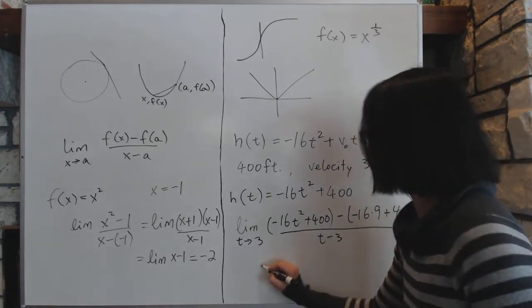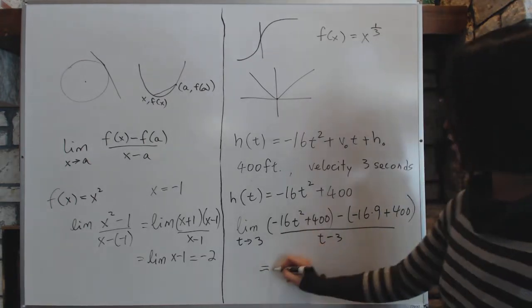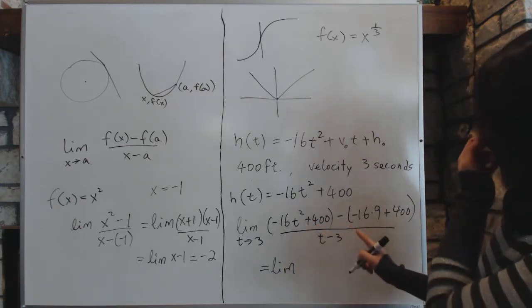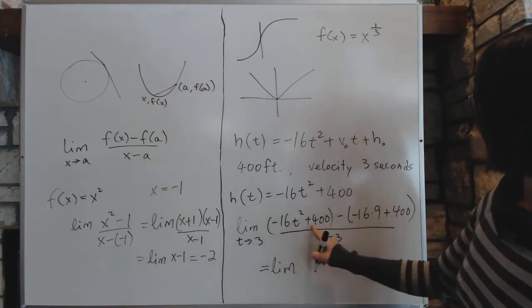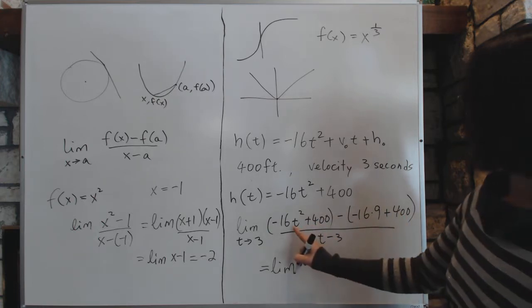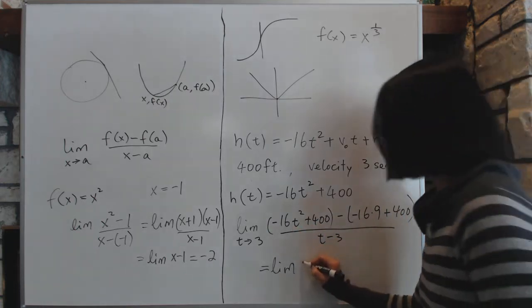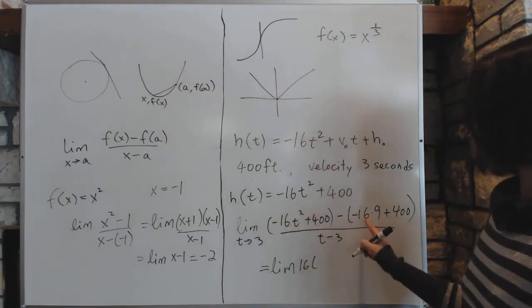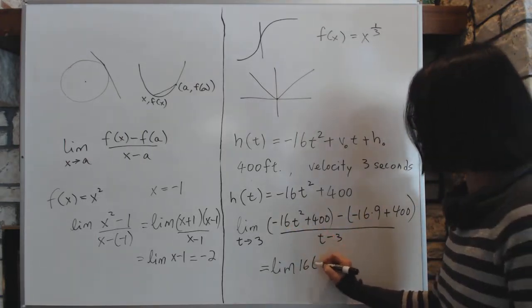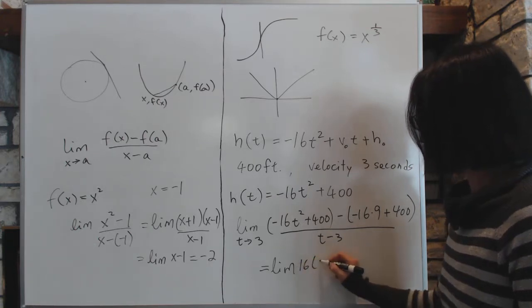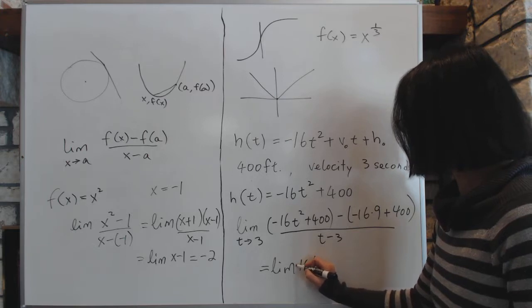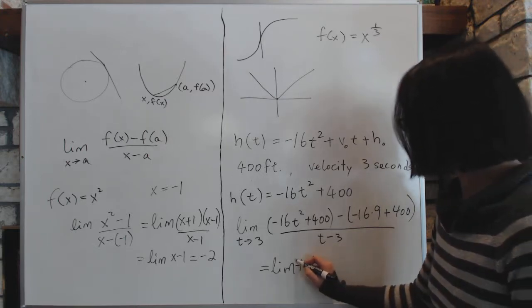So let's crank this stuff out. It gets to be the limit of, okay, we have this 400 minus 400, that's gone. So we have 16 times, we'll take out the minus 16.